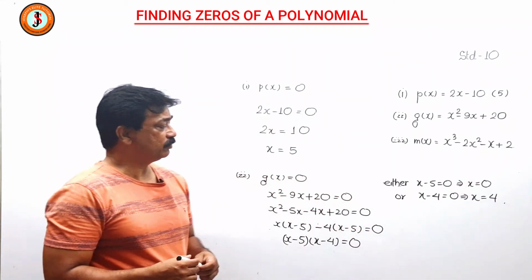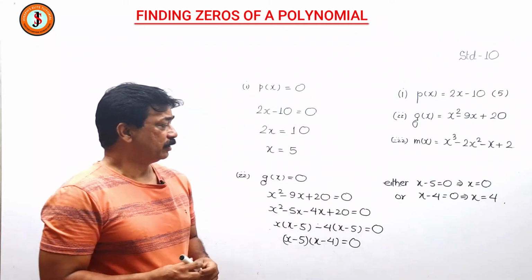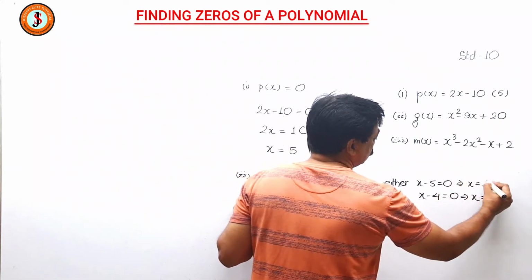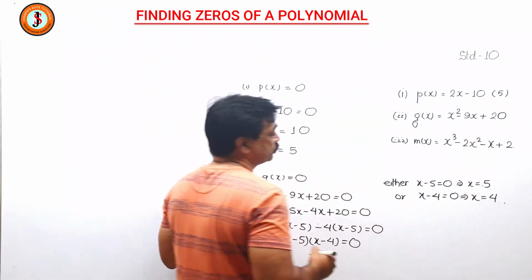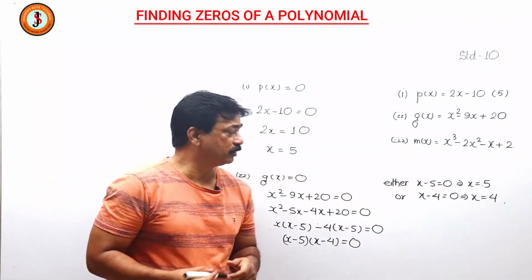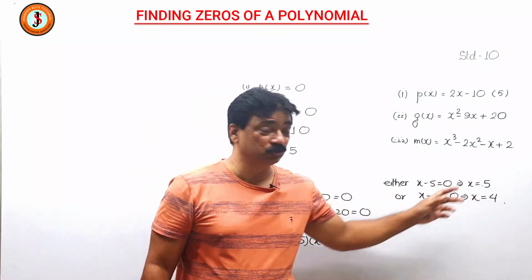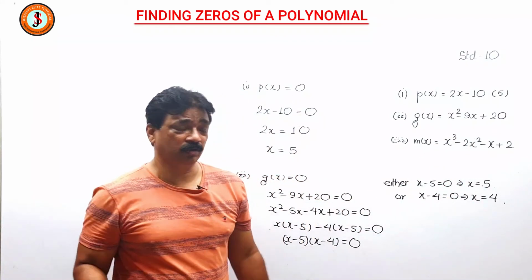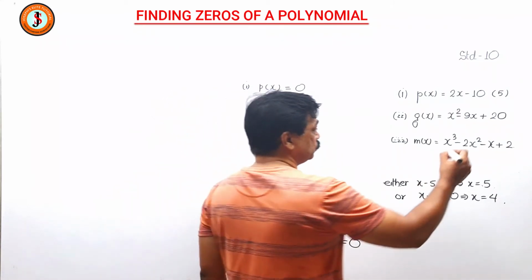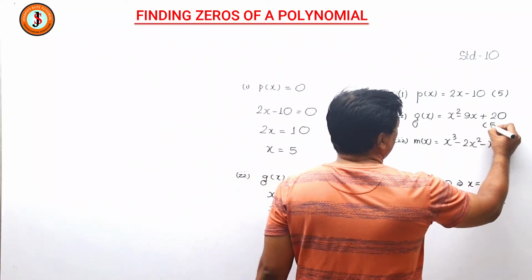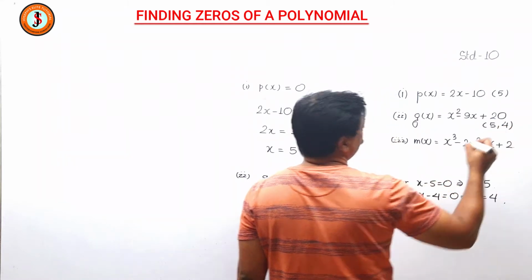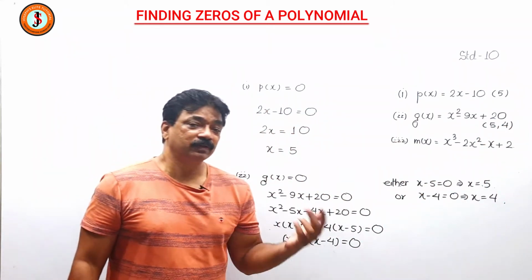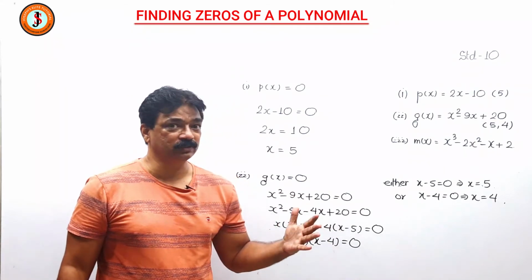This is a very important thing to understand, that here we have two zeros, 5 and 4, for this quadratic polynomial. Remember, a quadratic polynomial will have a maximum of two zeros. It can have only one zero, or it can have no real zeros.